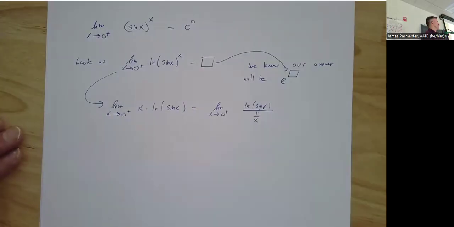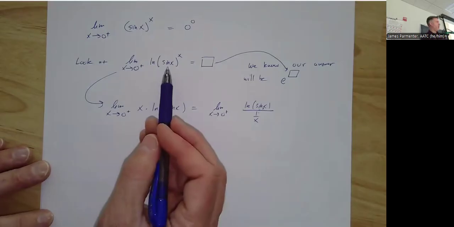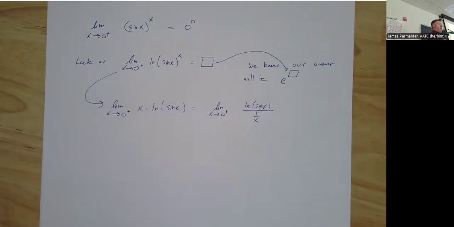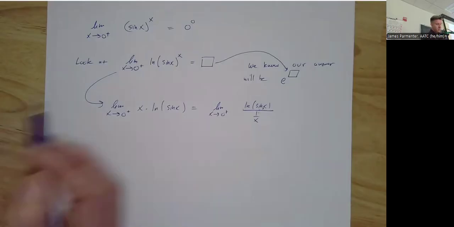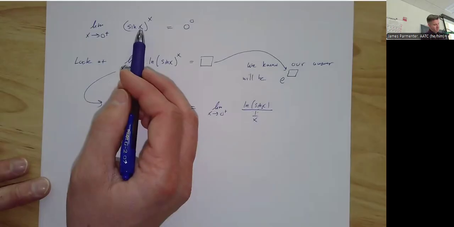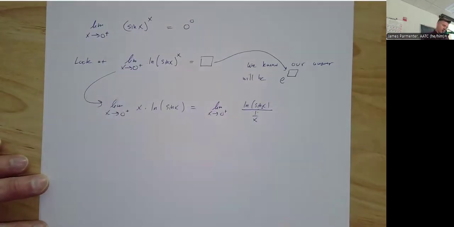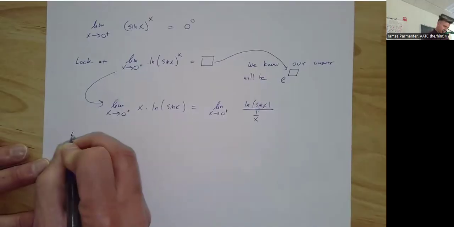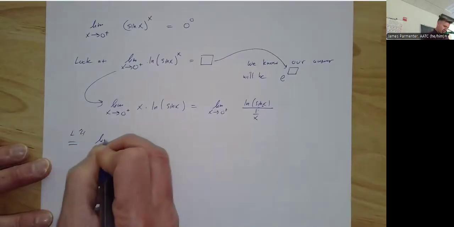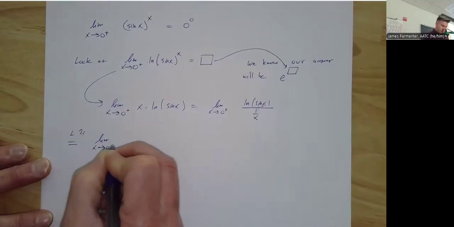Need is maybe an overstatement here, but if you're approaching 0 from the left, sine would be slightly negative, and you can't take the natural log of a negative thing. So, L'Hopital's rule. Limit as x goes to 0 from the right.